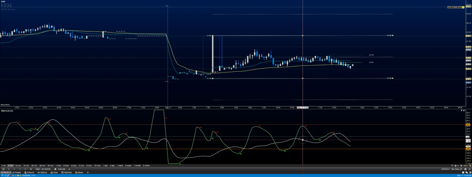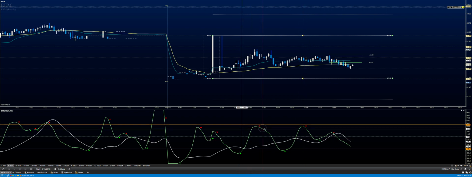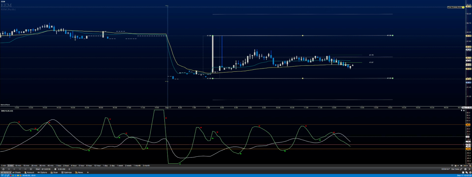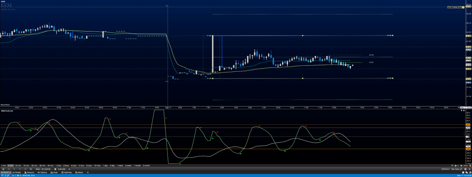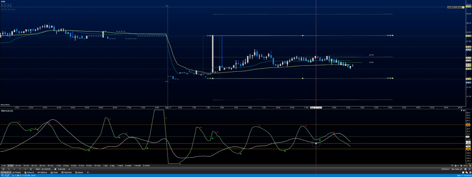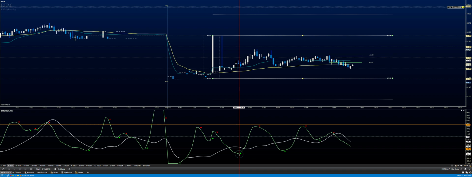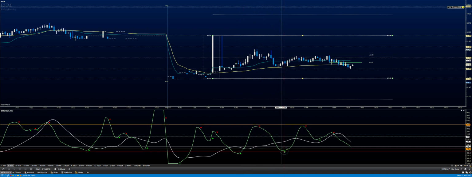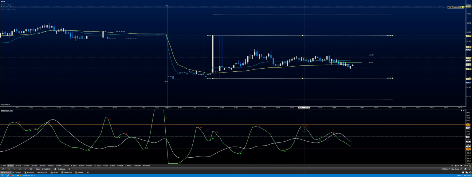What is the SMI telling us? If the SMI is between these numbers, 25 and negative 25, or 30 and negative 30, any place in between those, it means that we do not have a strength of momentum. What we have is the move from support to resistance, back to support, back to resistance, back to support, back to resistance.